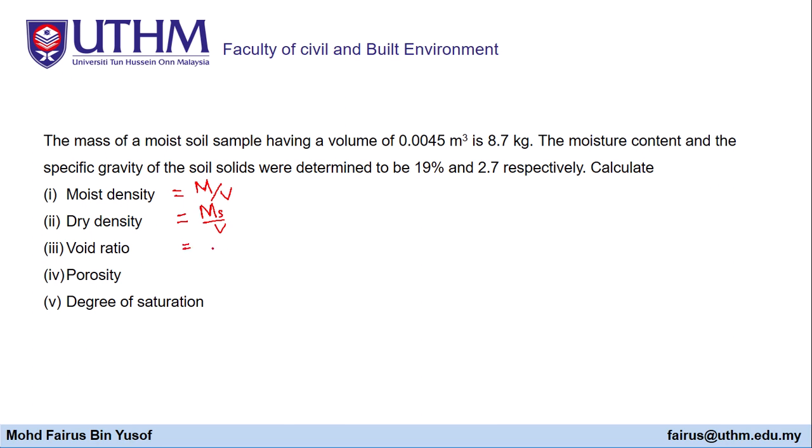The void ratio, symbol e, is equal to Vv, volume of void divided by volume of solid, and the porosity is n, equal to volume of void divided by total volume.